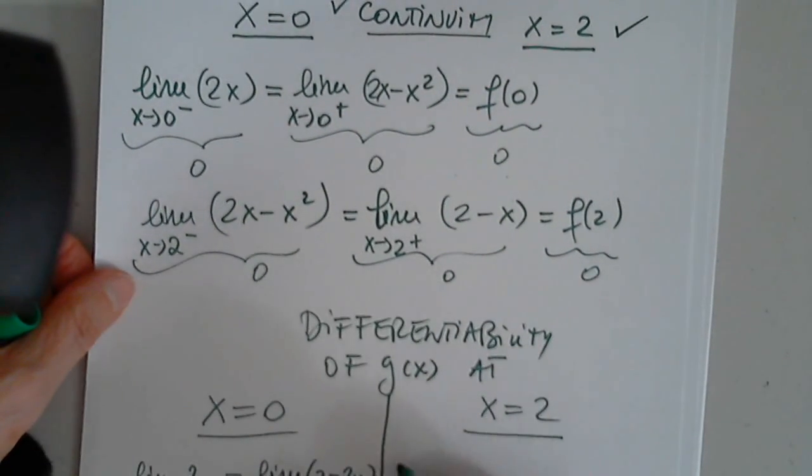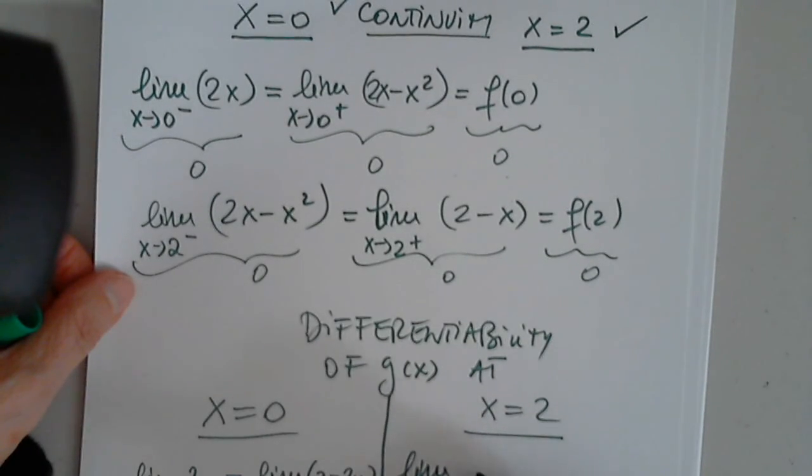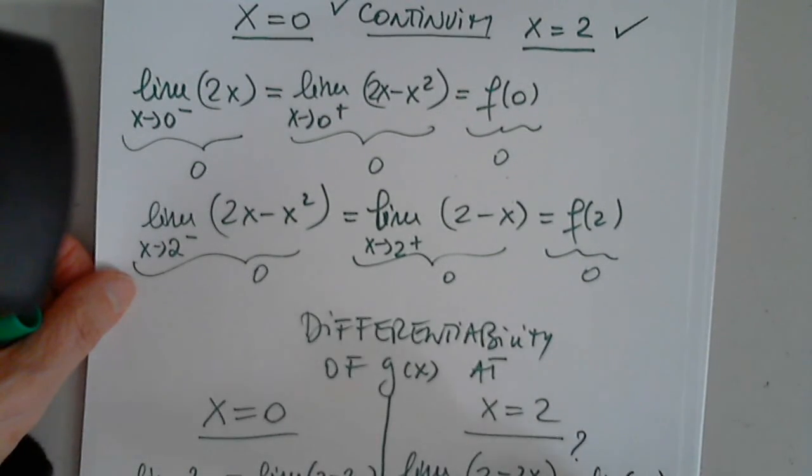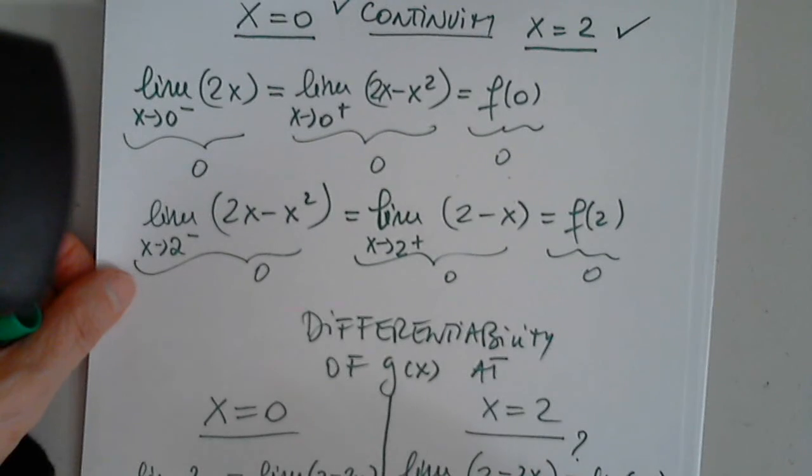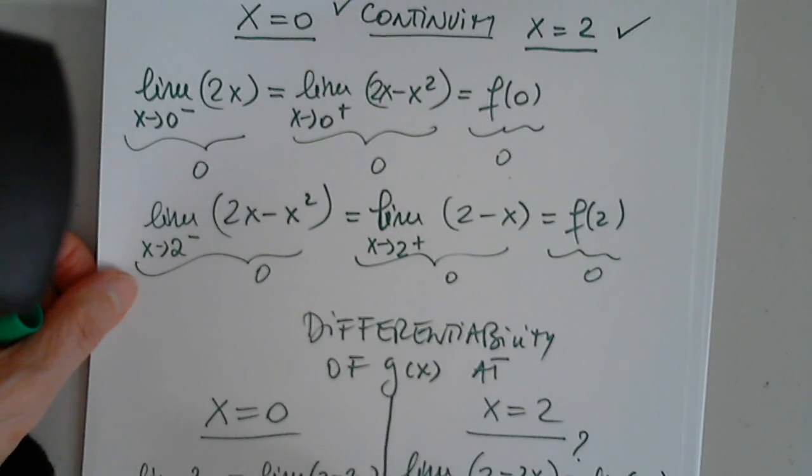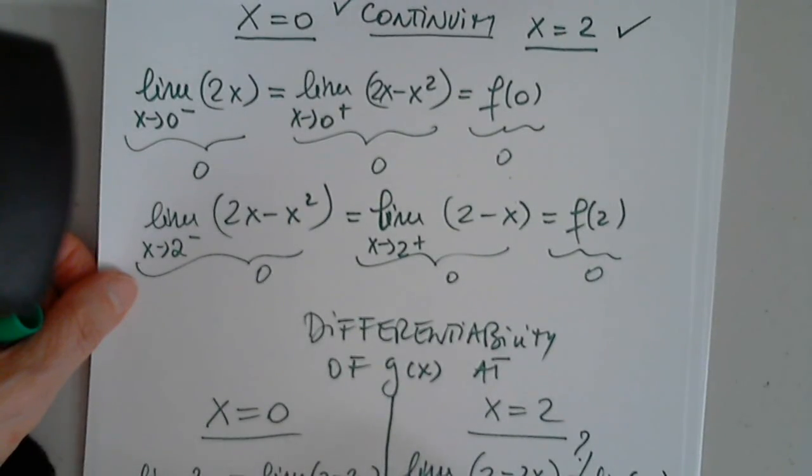For the other one, does the limit as x approaches 2 from the left of 2 minus 2x equal the limit of -1 as x approaches 2 from the right? From the left, 2 minus 4 is -2, and this is -1. Not differentiable at x equals 2.